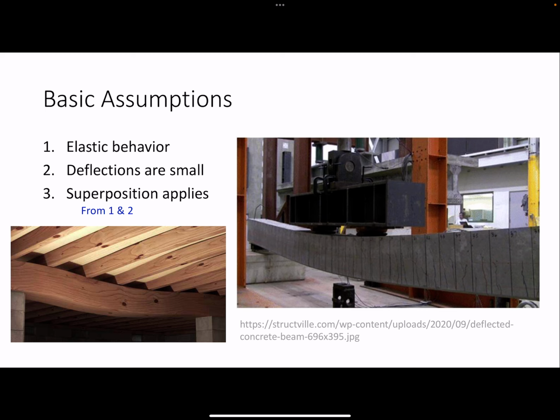And here's a few examples of, right, beams deflecting, right? The concrete beam that you see is being tested, and you can see the cracks that have occurred. Those are flexural cracks. So you've got the tension at the bottom, right? And that's where the cracks will start, and then they'll propagate towards the top where you have compression.